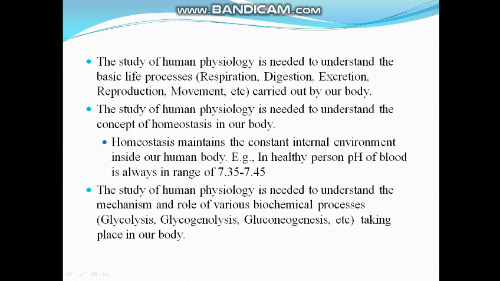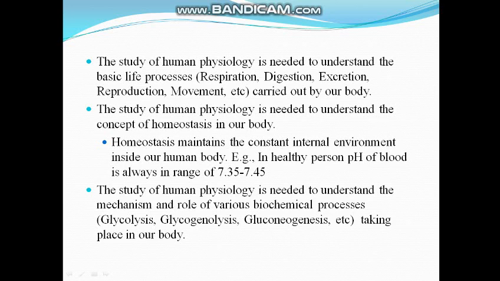For example, in a healthy person, the pH of the blood is always in the range of 7.35 to 7.45. However, in case of blood poisoning, pH may vary. It may increase to more than 8 or become less than 7.